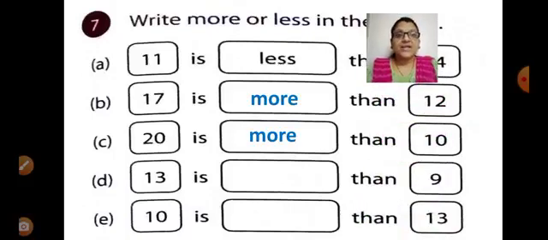Next, 13 is dash than 9. See children, here one number is two-digit, one number is a one-digit number. And a two-digit number is always bigger than a one-digit number. Hence, 13 is more than 9.